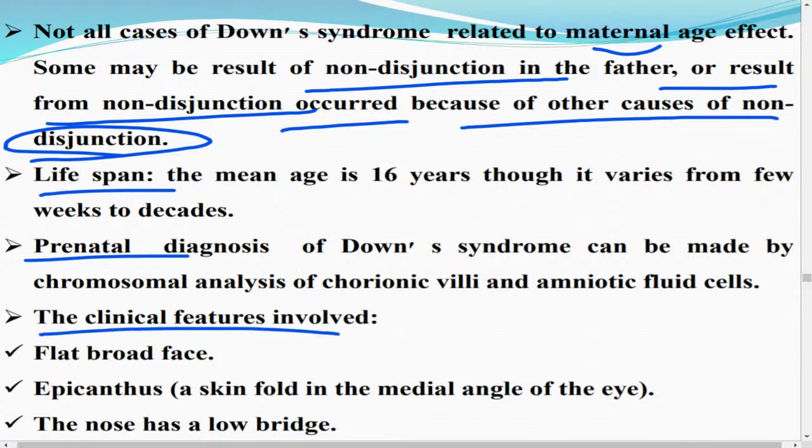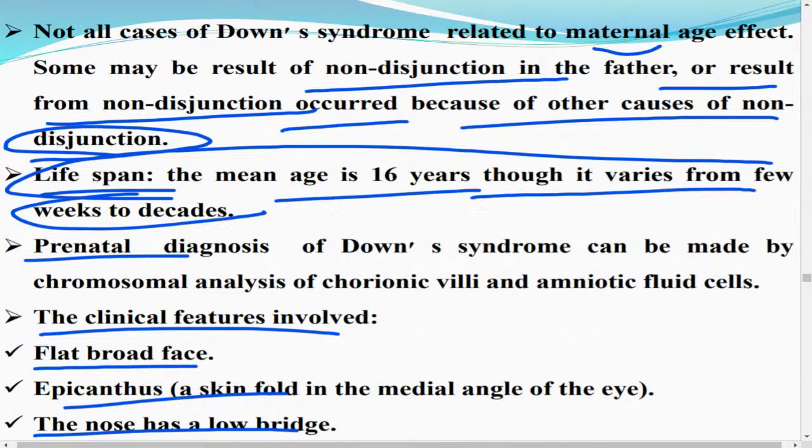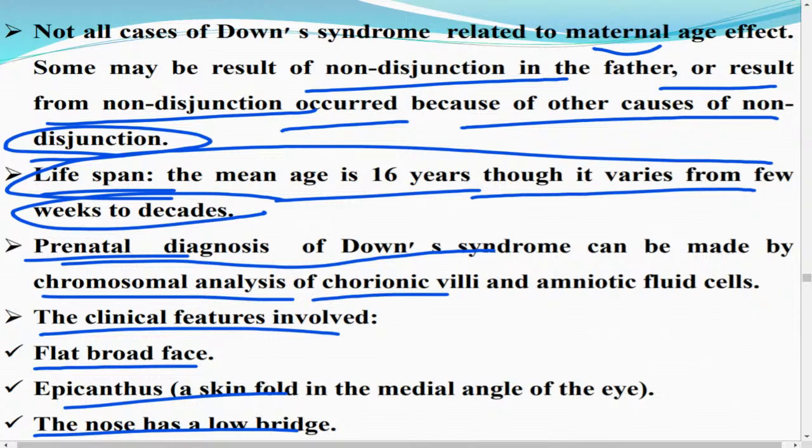Lifespan and prenatal diagnosis. The mean age of Down syndrome patients is 16 years, though it varies from a few weeks to decades. Prenatal diagnosis of Down syndrome can be made by chromosomal analysis of chorionic villi and amniotic fluid cells.